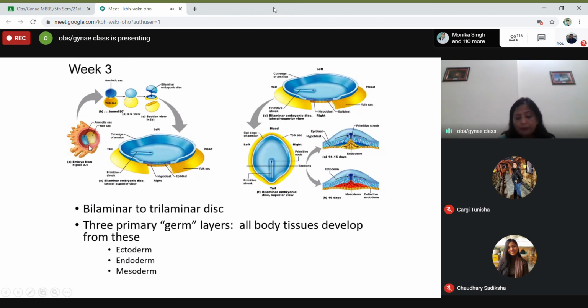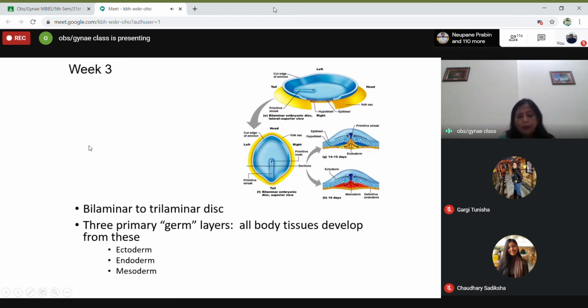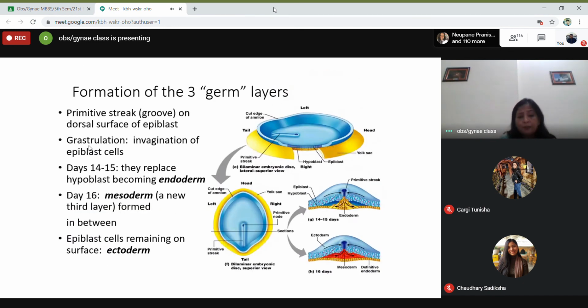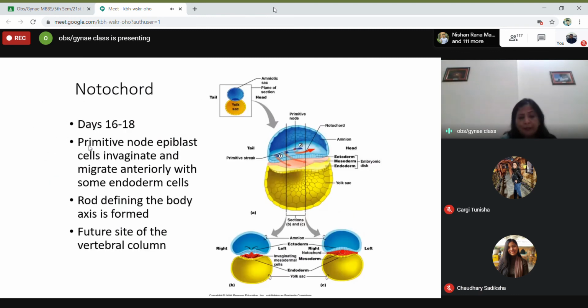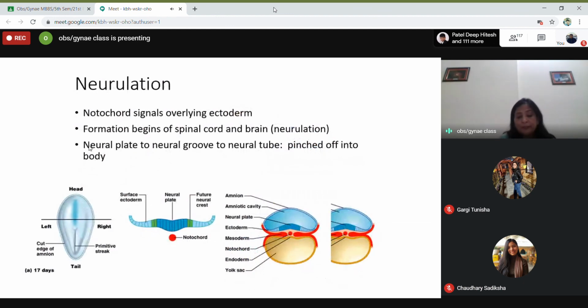Okay. Then this trilaminar disc changes into ectoderm, endoderm, and mesoderm, and then there is formation of the 3 germ layers: endoderm, mesoderm, and ectoderm. These tissues are formed by these different layers, which you will cover in embryology.